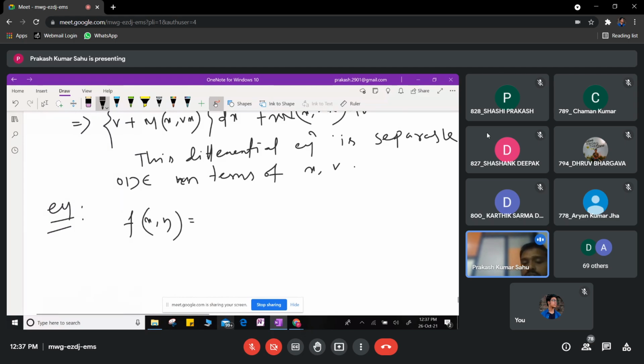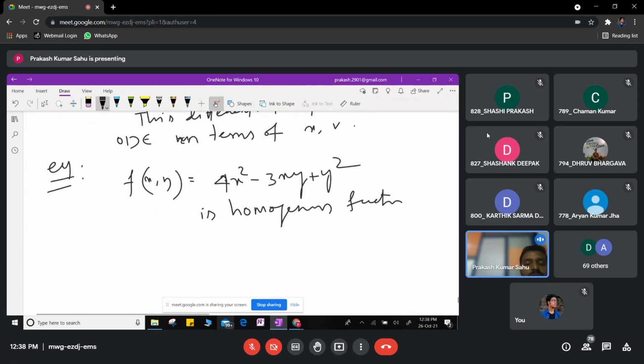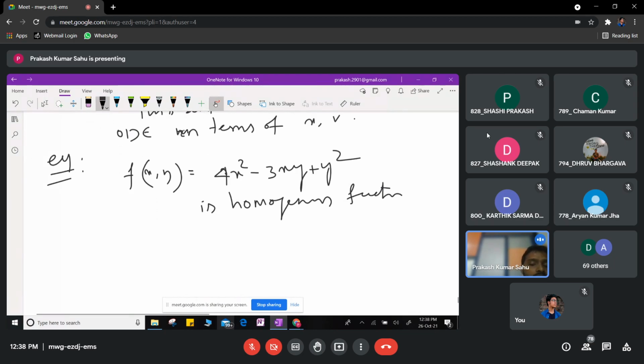Suppose f of x, y is equal to 4x square minus 3xy plus y square. So this function is a homogeneous function. This is not a differential equation; I am just talking about a function.